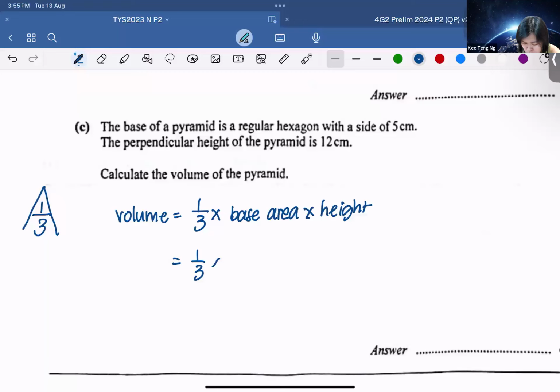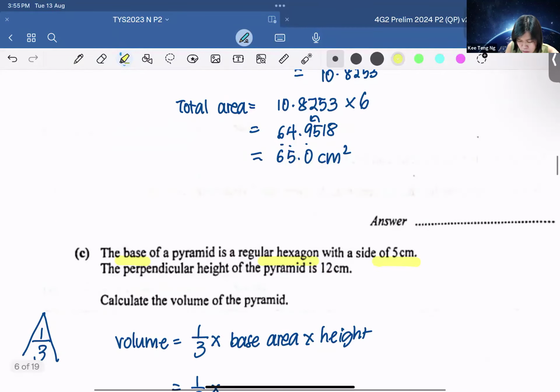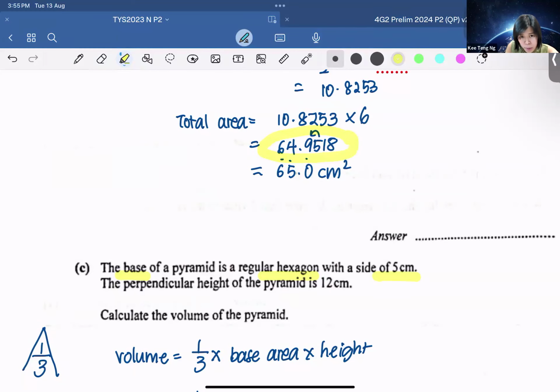So 1/3. What is the area? They say the base is a regular hexagon, side 5 cm. Isn't this our base area? This is our base area, right?